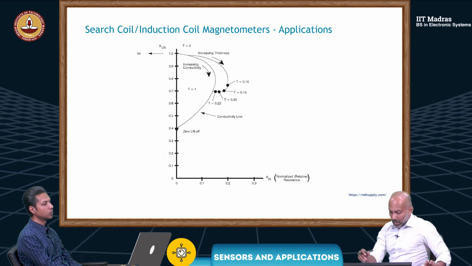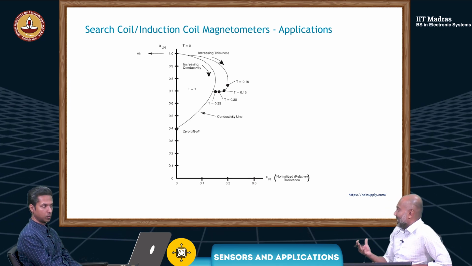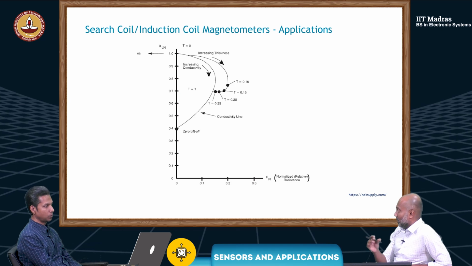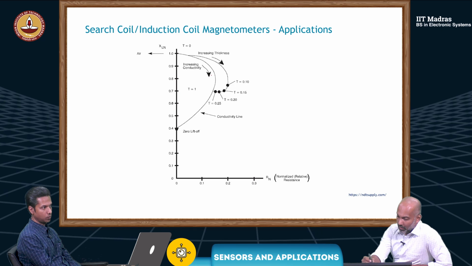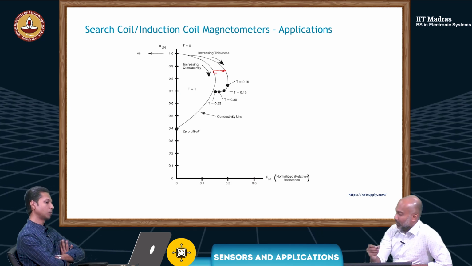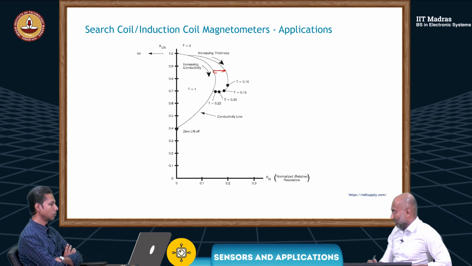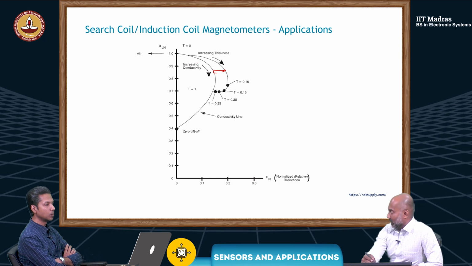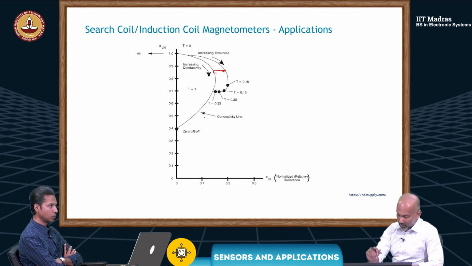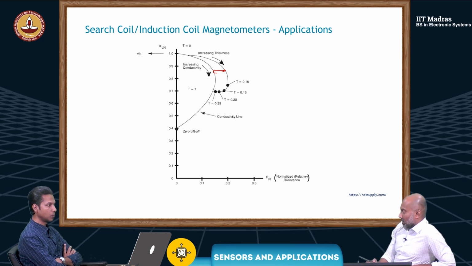Now, if the thickness of the material is less than the depth of penetration, remember we talked about the depth of penetration, you'll see that the curve will shift away from the normal curve. Why do you think that is?